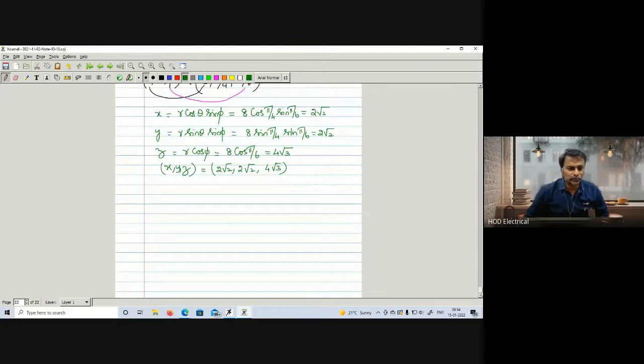Then next, the fourth question is convert Cartesian to spherical.